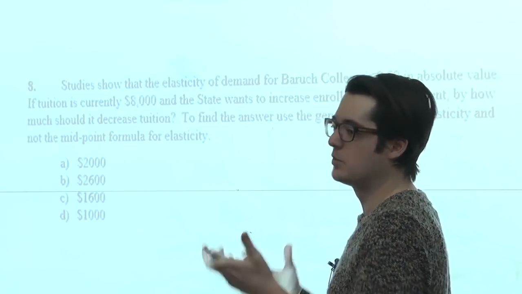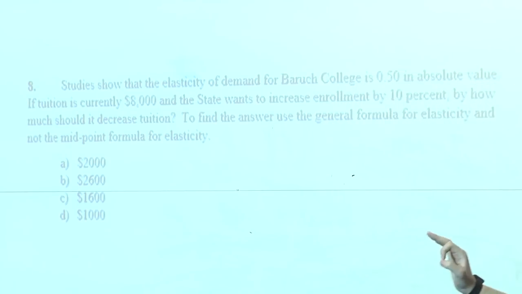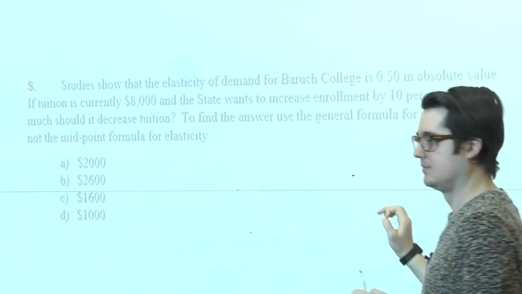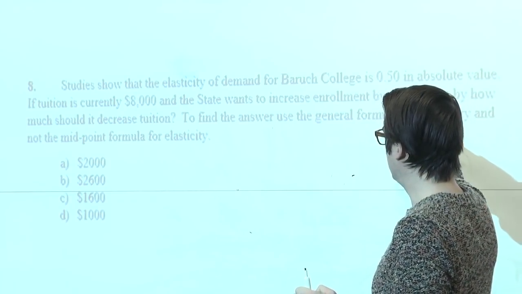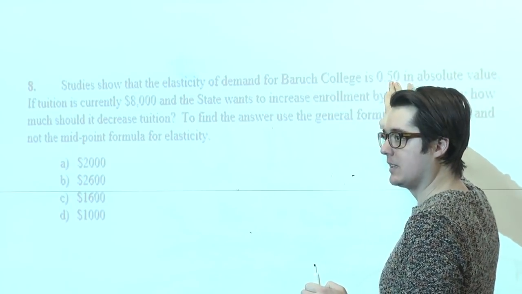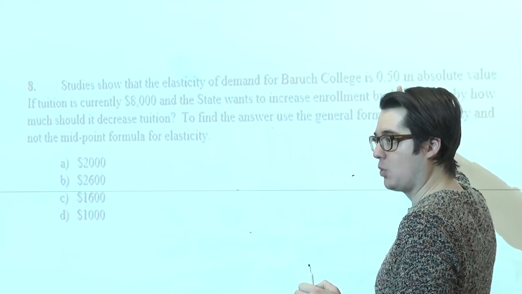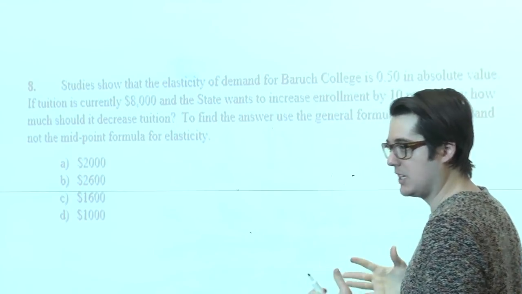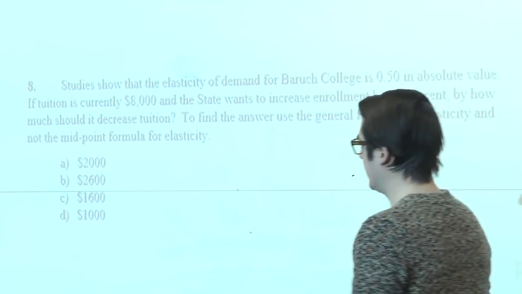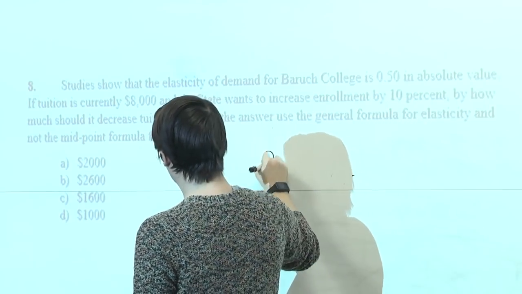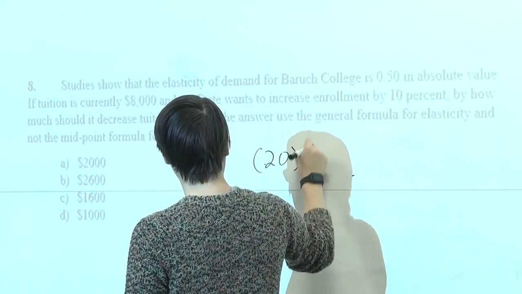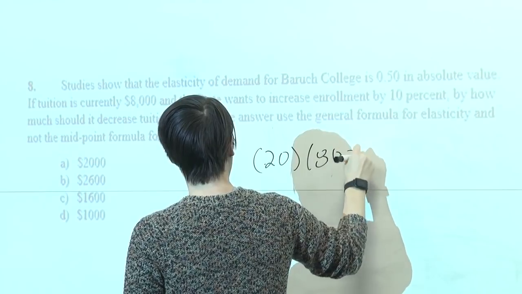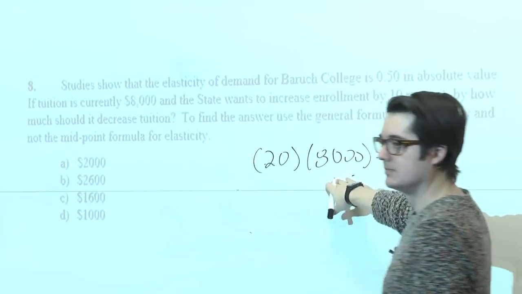What was that? 20. Yeah, that part's the same as question 1. Right, we have a 0.5 price elasticity. We want to change quantity by 10%, so we need to change price by 20%. Okay? So 20% times 8,000, right?